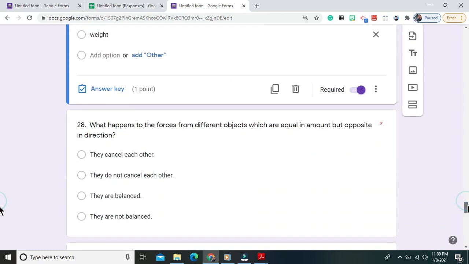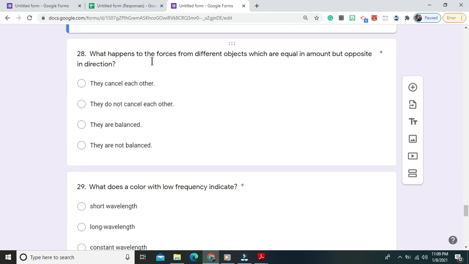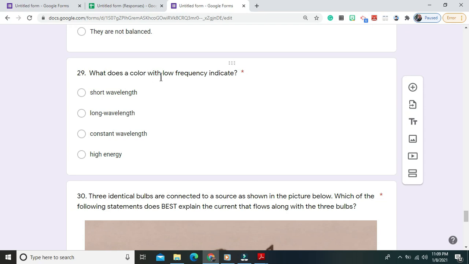Number 28. What happens to the forces from different objects which are equal in amount but opposite in direction? The correct answer is they do not cancel each other. Number 29. What does a color with low frequency indicate? The correct answer is short wavelength.